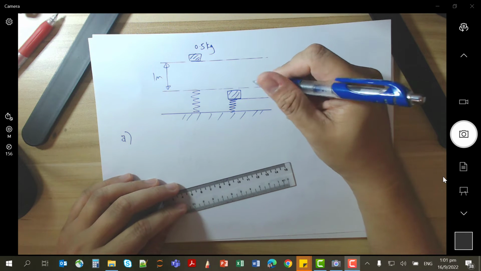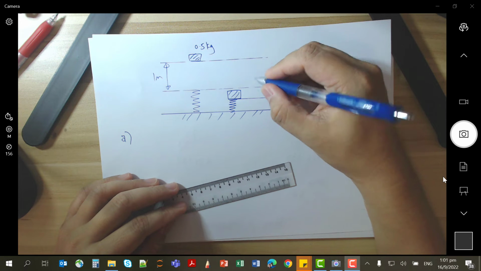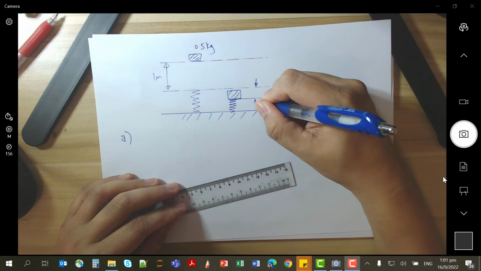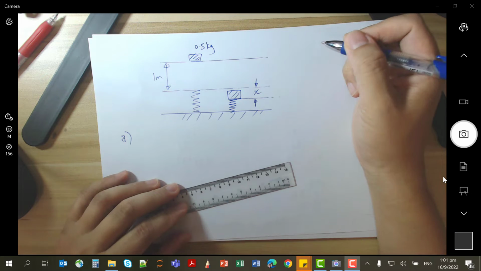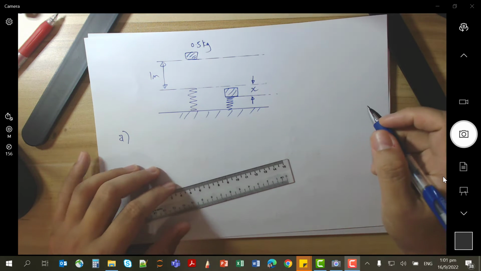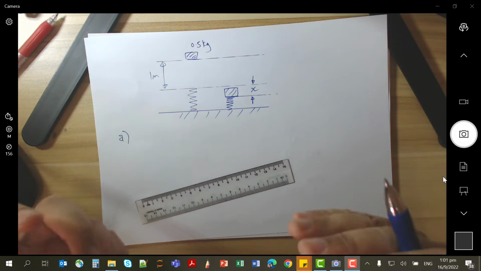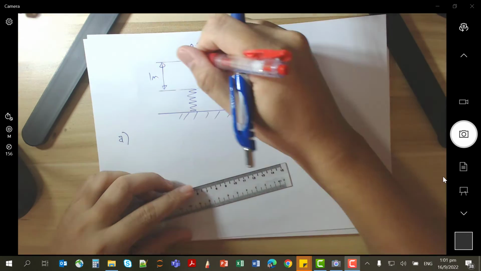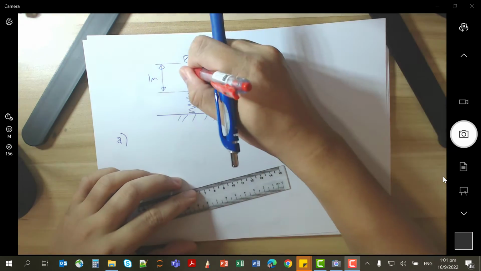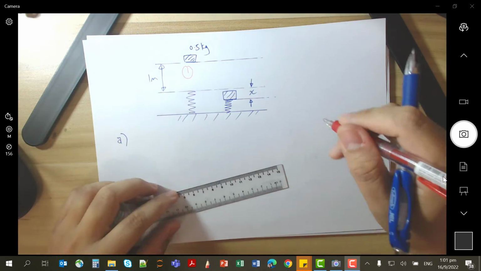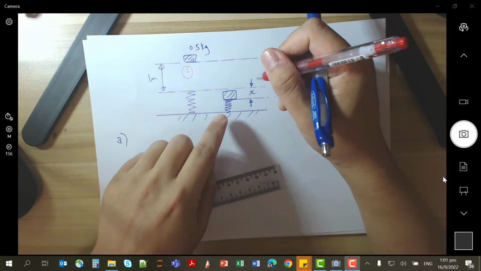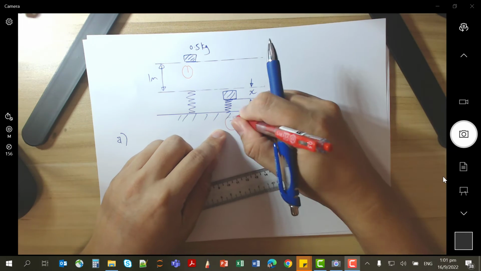What is the interesting feature here? Of course, the compression. How much is the spring being compressed? We call this x. So state 1 and state 2: usually you define state 1 at the beginning. State 2 is the point we're interested in, which is here.